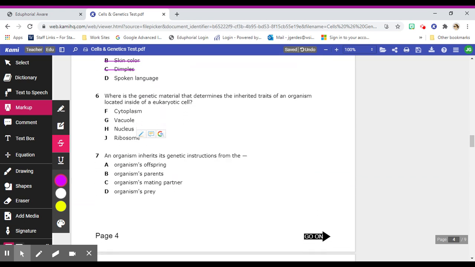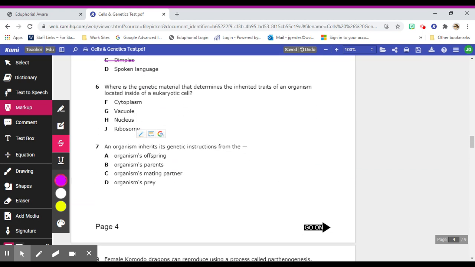Number 6, where is the genetic material that determines inherited traits of an organism located inside of a eukaryotic cell? Okay, so genetic material, eukaryotic cell is what I need to think about.